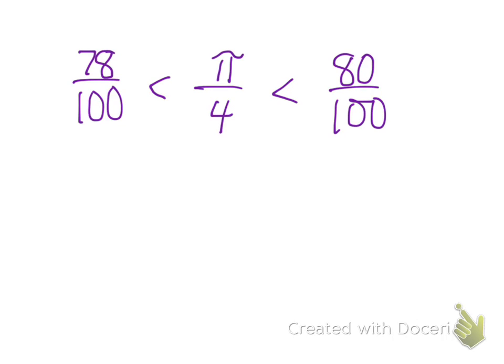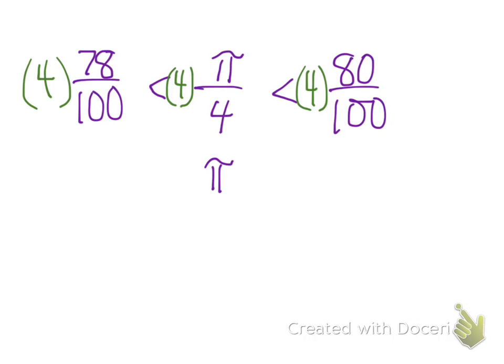And remember, we're going to multiply each of these by 4 so that we get our estimate. We want our estimate for pi, not pi over 4. So that leaves us with pi.